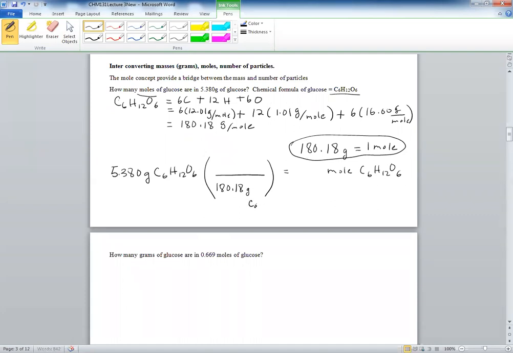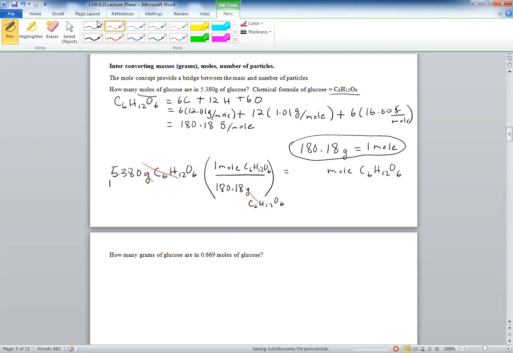We can put the C6H12O6 right here. I like to keep all the units. And then, of course, 1 mole is in the numerator. So all you're doing here is you're dividing. And again, the grams cancel out.